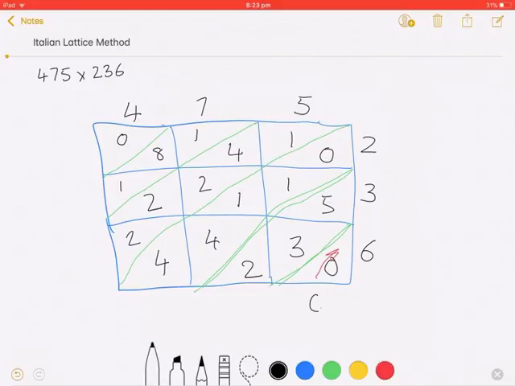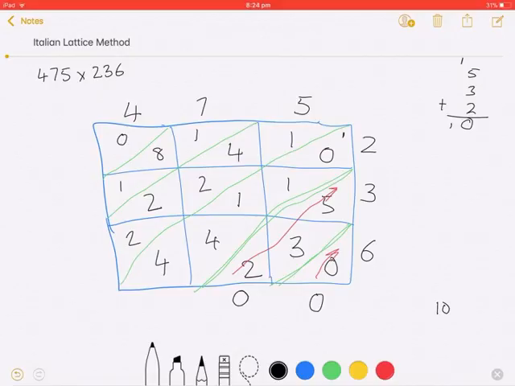And then I add up these numbers here. 2 plus 3 is 5, plus 5 is 10. I put the 0 down there as if I was regrouping normally, and a 1 up there. So I'm going to put my 1 up here, and I'm going to add it again in a minute.